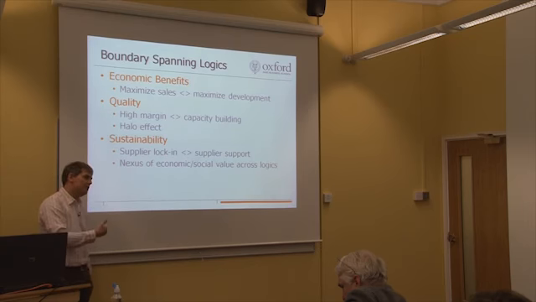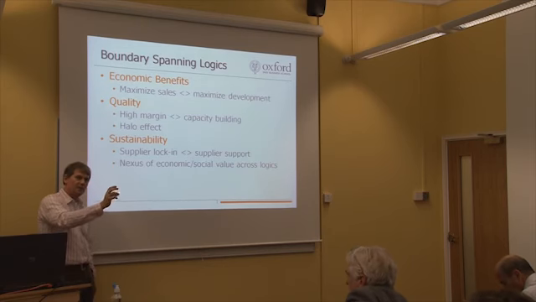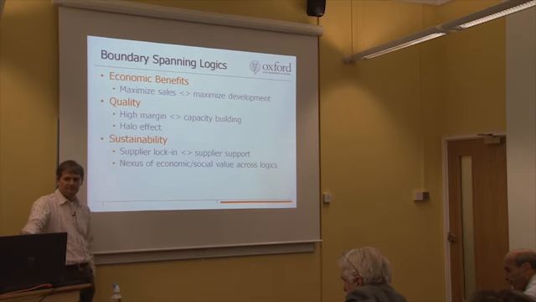But for the fair trade movement, it's about capacity building. Building quality is about allowing the producer to capture more value out of the supply chain. So again, you get a set of discourses around quality that could be interpreted quite differently by the two parties in the negotiation.